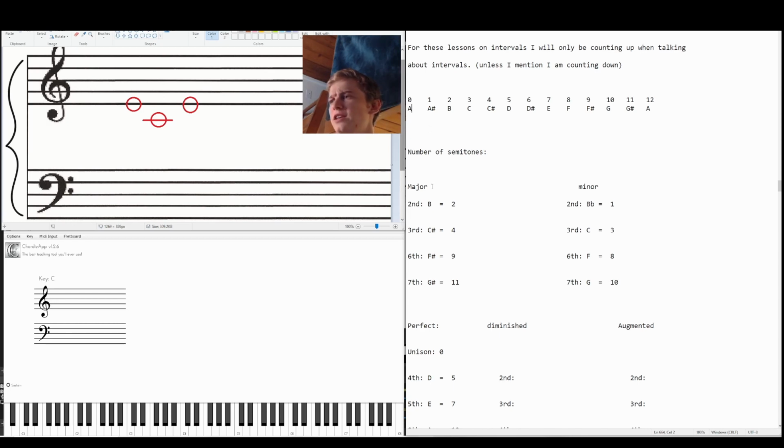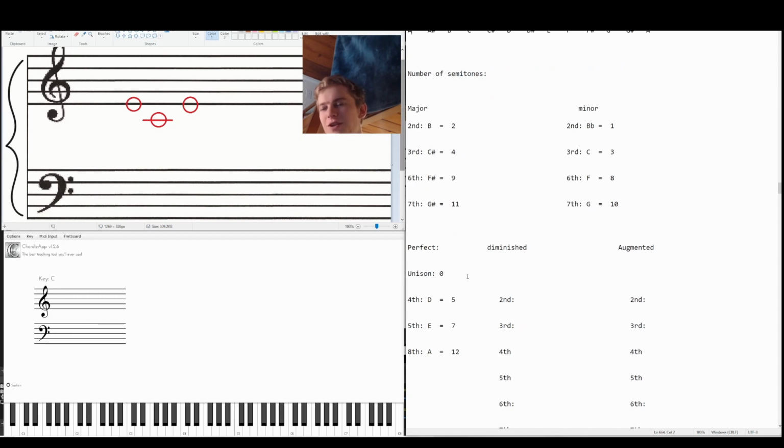So now we're going to look at the number of semitones and basically how they correlate to the minor or major and how they also correlate to the quantity. So I'm going to start on 0 and then I'm going to go up from there all the way to 12. I'm going to describe each one. So first I have a unison. So unison would consist of playing 2 of the same notes.